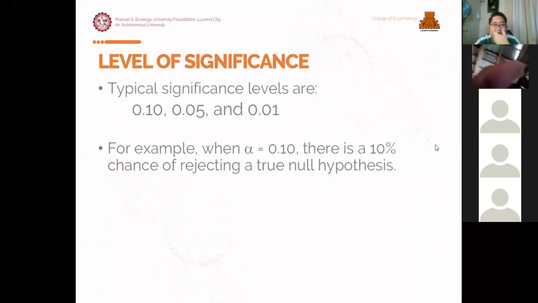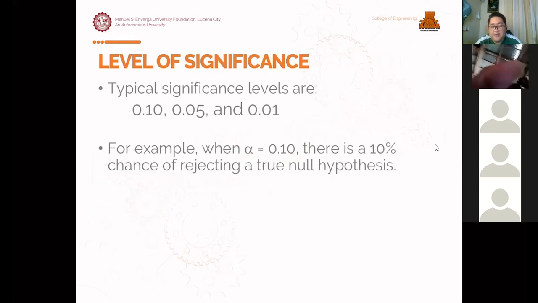So what do these numbers mean? Again, our level of significance is in terms of probability. That means, if we have a normal distribution curve, it is somewhere here, no? It is an area below the curve. Okay? So, when we have an alpha of 0.1, that means the probability of type 1 error is 0.1. That means we have a 10% chance of rejecting a true null hypothesis. Okay? So, that is all it means.